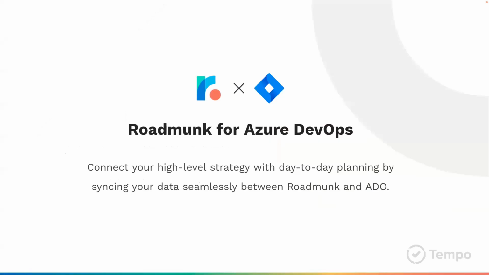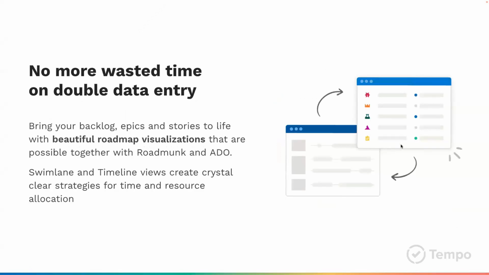So Roadmunk with Azure DevOps, that's what we're focusing on today. We're looking at connecting your high-level strategy with day-to-day planning by syncing your data seamlessly between Roadmunk and ADO. So the key here is we want to make sure that we're going to really streamline the process. And instead of doing so much manual work, so much double data, by doing this integration, it's going to really speed up that process and ensure accuracy.